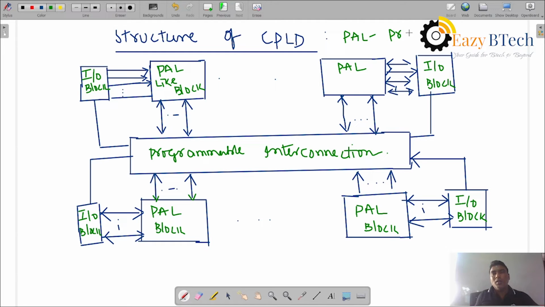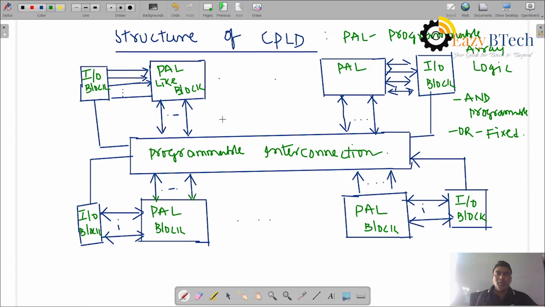In programmable array logic, the AND plane is programmable, and the OR is fixed, which you studied in the PAL structure. The OR is an external fixed gate. So in a complex design, a complex PLD, more blocks are used here.